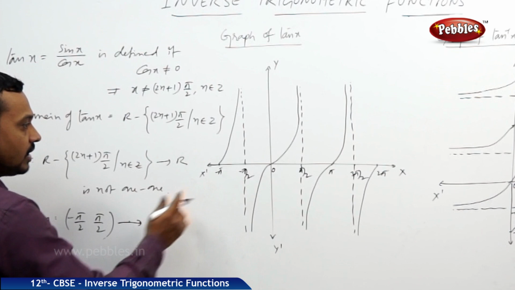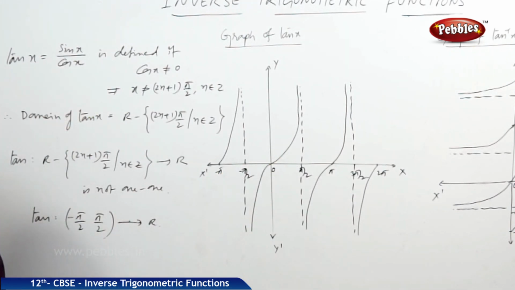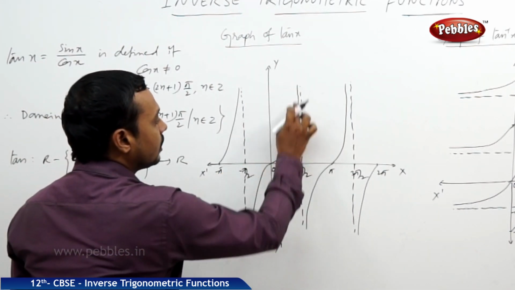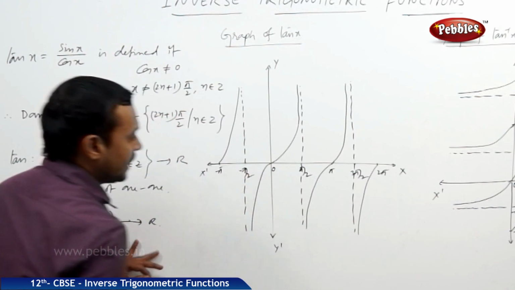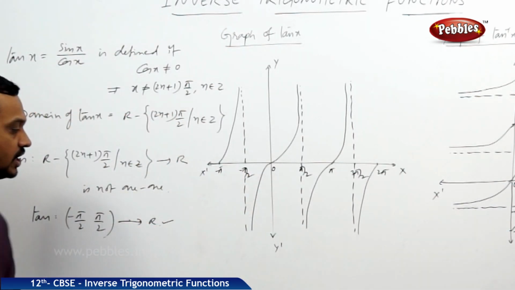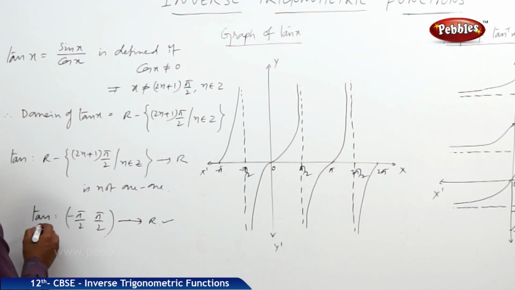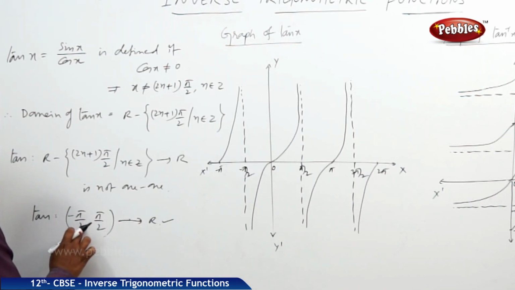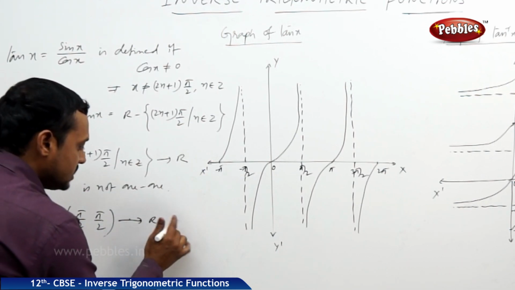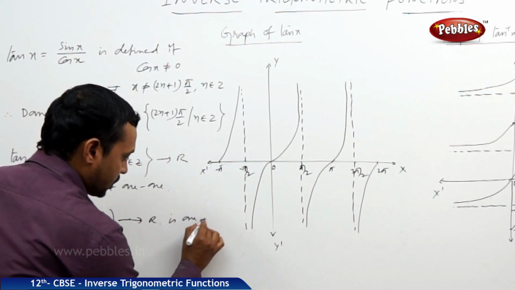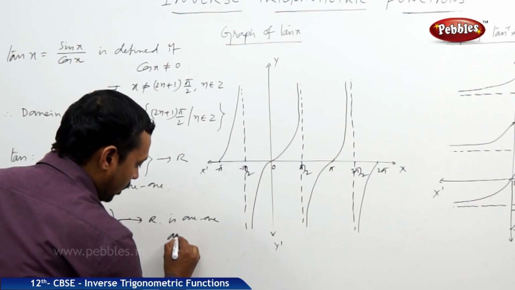Now in this interval it is clearly one-one, and it gives all real numbers, so the range is equal to R. Hence finally we can conclude that tan maps minus pi by 2 to pi by 2 to R as a one-one and onto function.